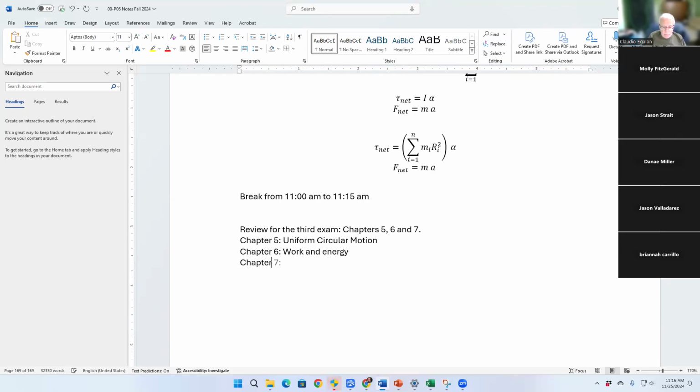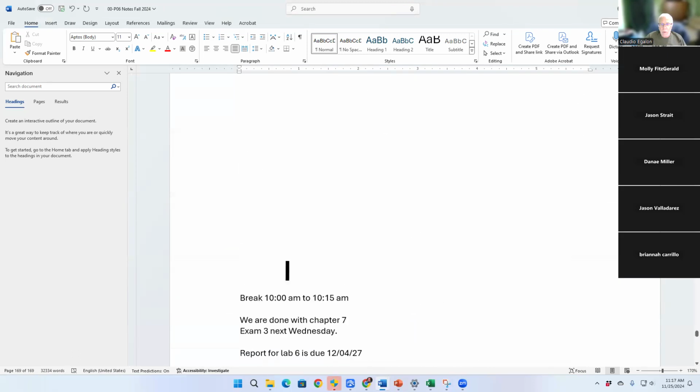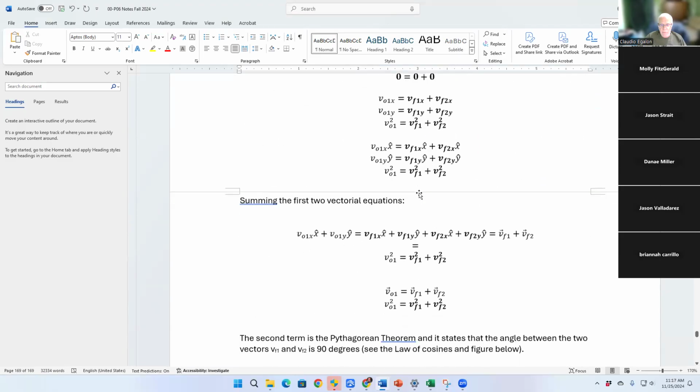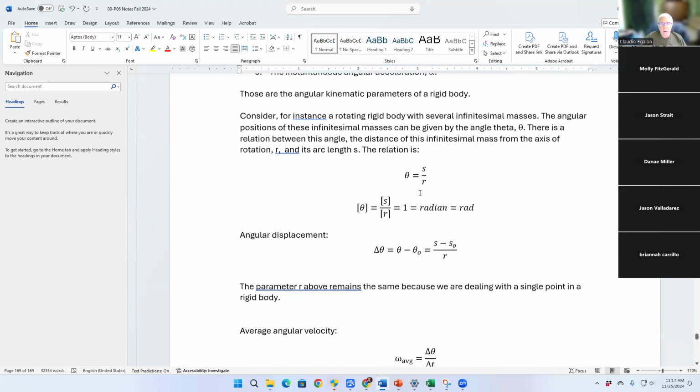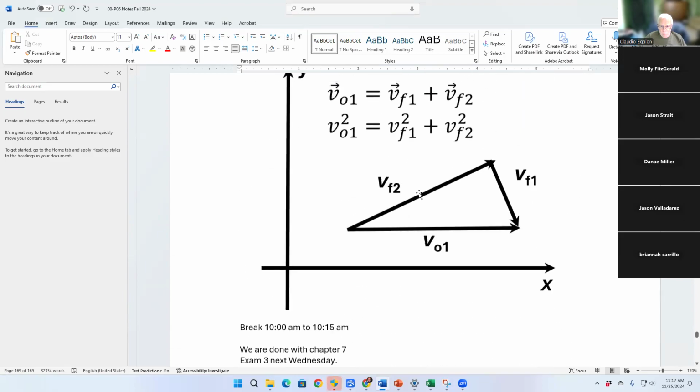Chapter 7, linear momentum, conservation of linear momentum. And what I want to do, I want to pick up all those sections of that chapter. Let's see. See if you have it here. No.